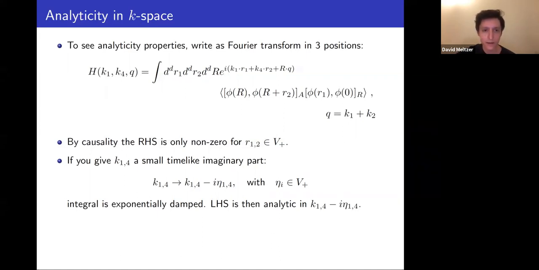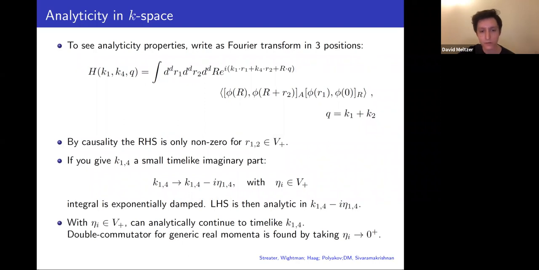So this implies that the left-hand side is going to be an analytic function in this combination. And so this is what allows us to analytically continue to general time-like momenta. And the full double commutator for generic real momenta is the boundary value of this analytic function. And this also follows some standard arguments about Laplace transforms for Wightman functions.